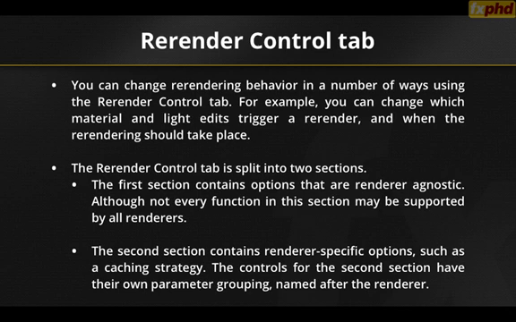This is how you control what's being done. Now, the re-render control is split into two sections. The first section contains options that are render agnostic, and the second section controls render-specific options. So when we come into Katana in a moment, we'll look at both of those sections.